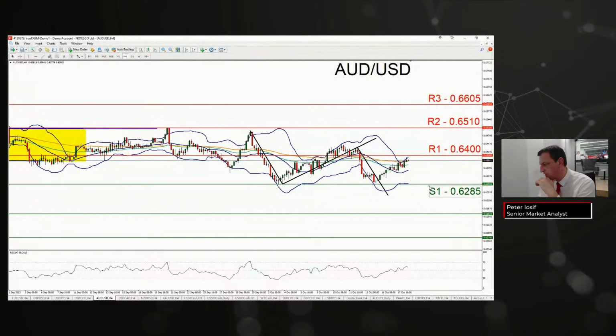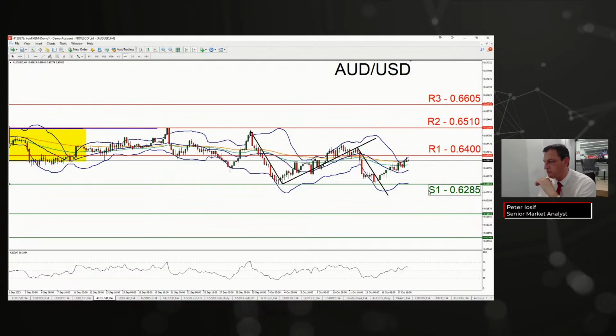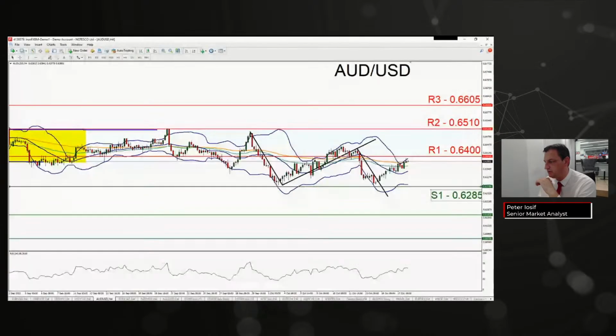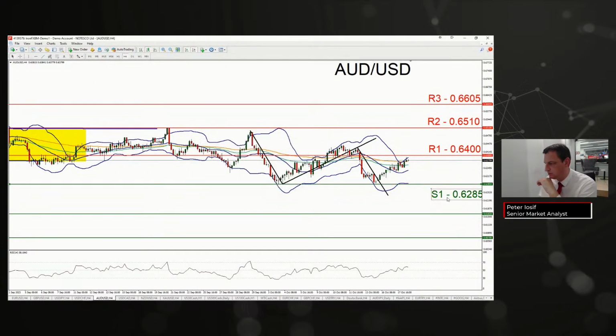Moving now to the support lines. 0.6285 remains as the first support line, given the touches here and here. And then we have widened the support lines lower.